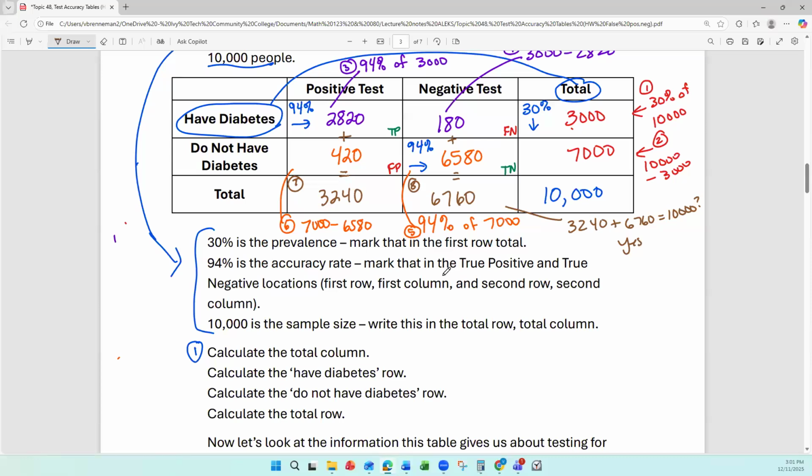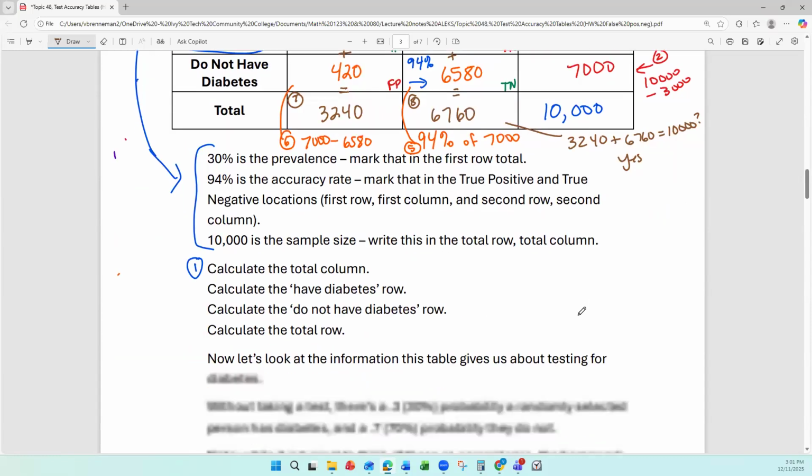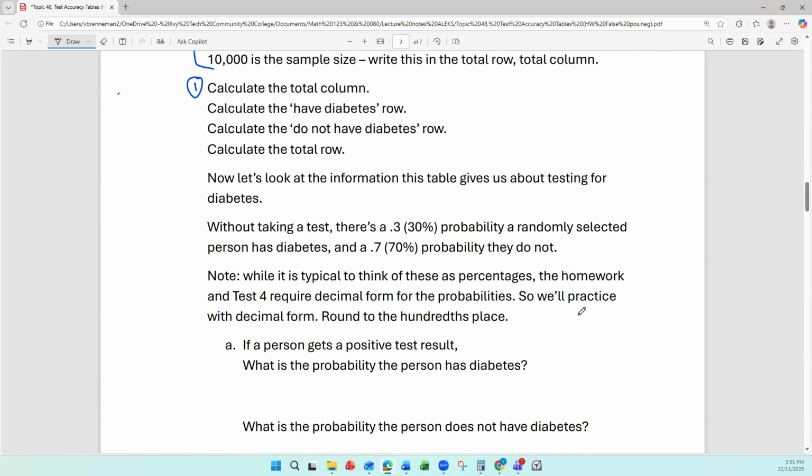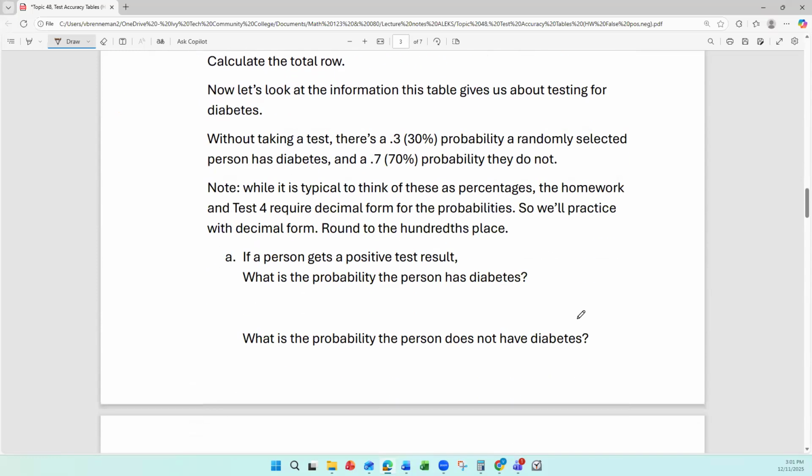Any given random person, all they know is there's a 30% chance that they have diabetes, 70% that they don't. So if a person gets a positive test result, it doesn't 100% guarantee that they have diabetes, but it does make it more likely than if they hadn't taken the test. So we'll have these conditional probabilities if a person gets a positive test result.